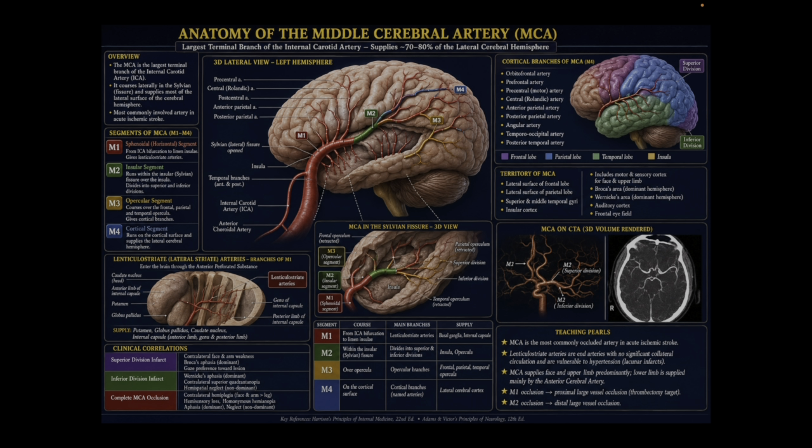One of the most important anatomical concepts is the lenticulostriate arteries. Because they are true end arteries, even small vessel occlusion can produce strategically located infarcts involving the internal capsule, leading to pure motor stroke.